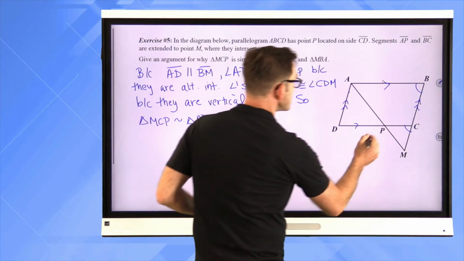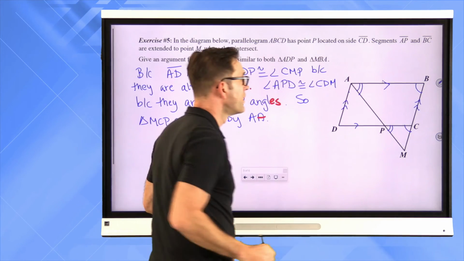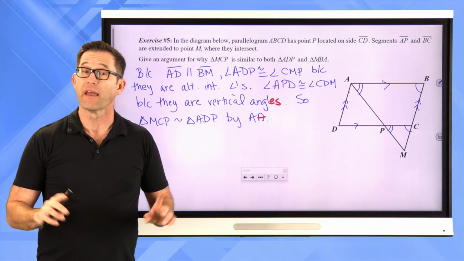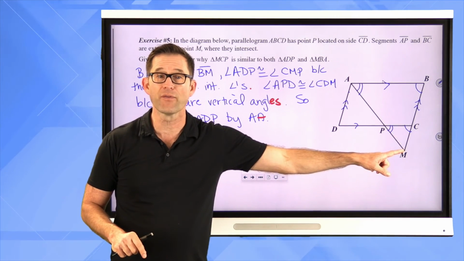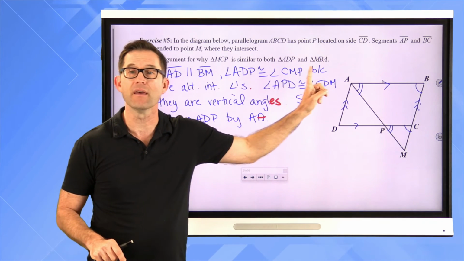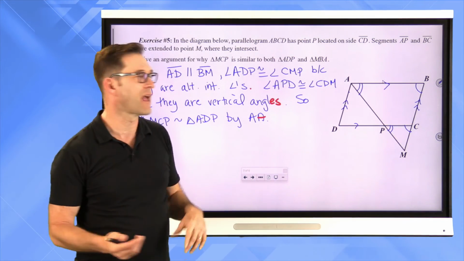Likewise, I could say this angle is congruent to that angle because, again, they are corresponding angles. If I wanted to, I could even say angle M is congruent to itself, because it's a shared angle between MCP and MBA. I think I'm just going to grab the two I've marked since I already have them.